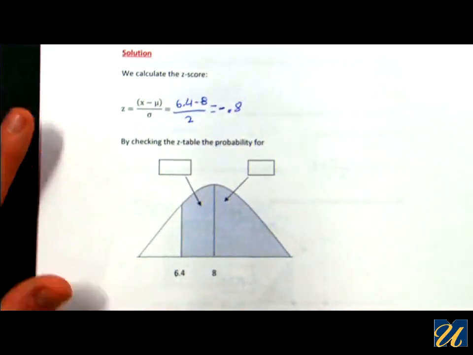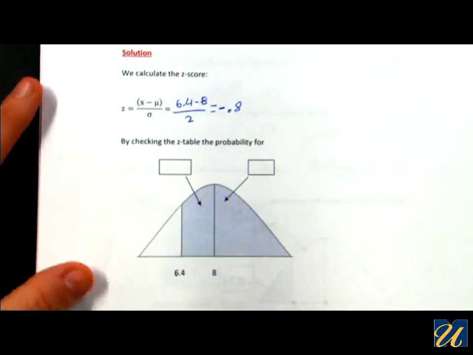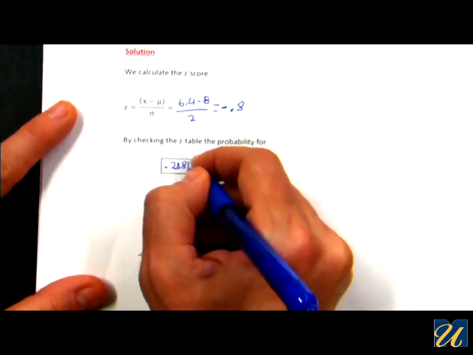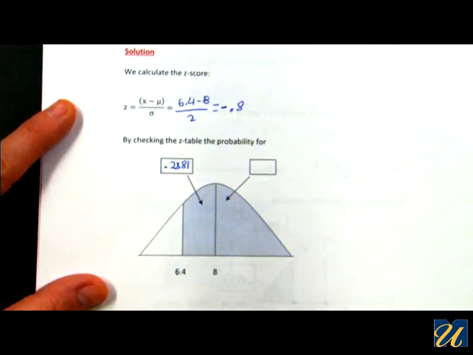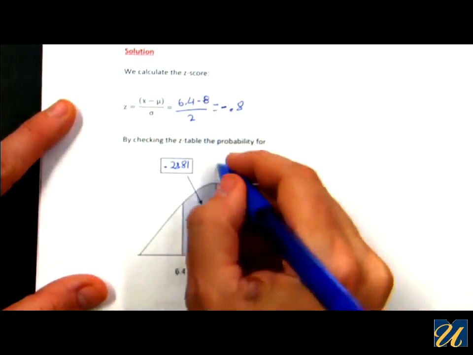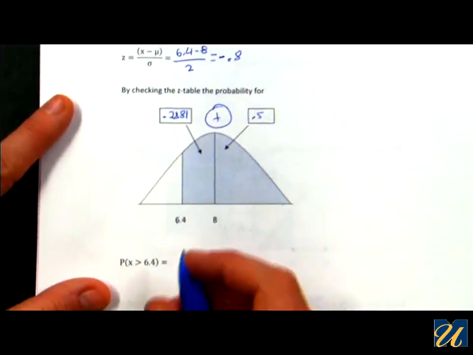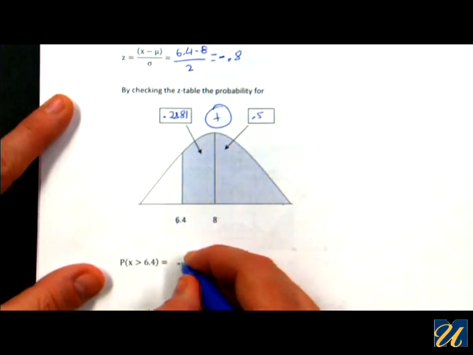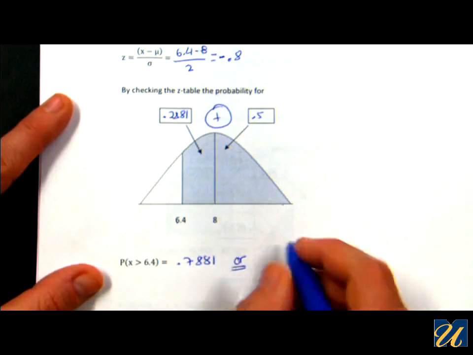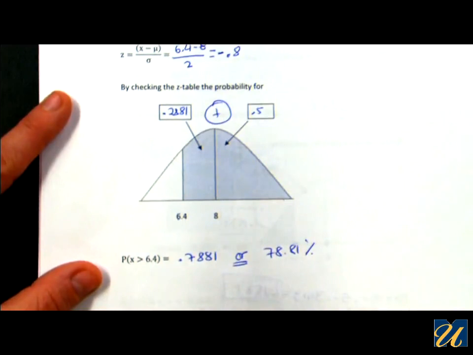When we look it up, we take the absolute value, so we look up 0.80. The corresponding probability will be 0.2881. This area is 0.5, is the half. Therefore, I add the corresponding probabilities. So this probability will be 0.7881, or if I'm looking for the percent, 78.81%.